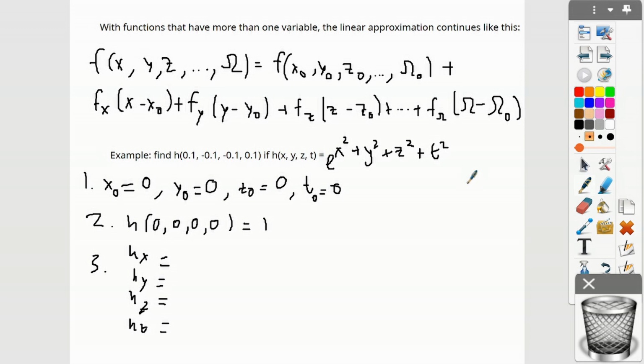But I don't want to write e to the x squared plus y squared plus z squared plus t squared all the time, so I'm just going to say this is h, right? So what you end up getting is h sub x is equal to h multiplied by 2x, because the chain rule will give you the derivative with respect to x of the inside, which is 2x, and then 2y, 2z, and 2t, respectively.